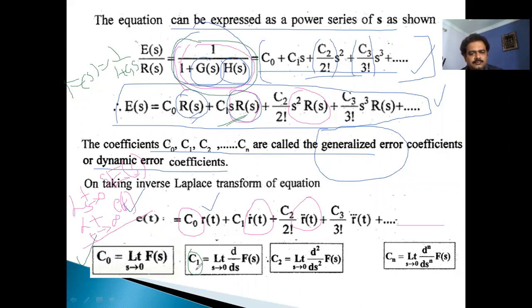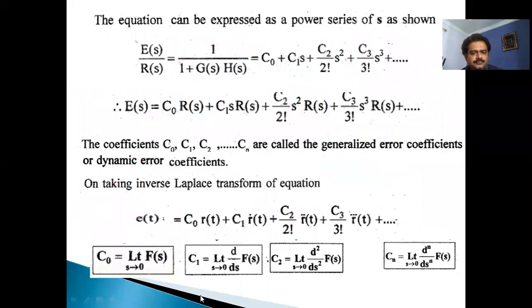Okay, so try to note down this. So this is the generalized error equation E of t. So we can find out generalized error coefficients from this.